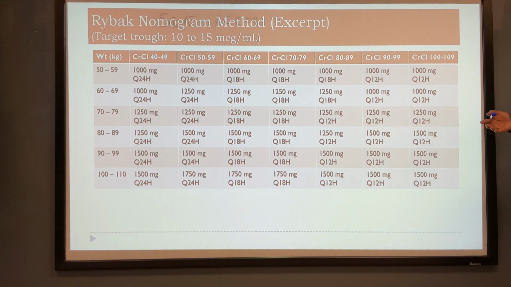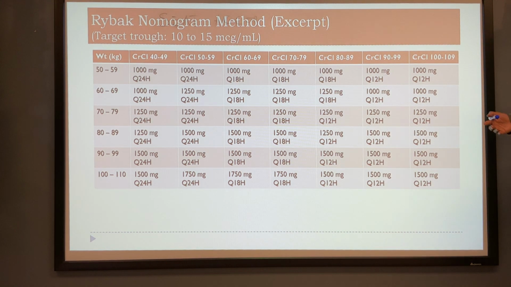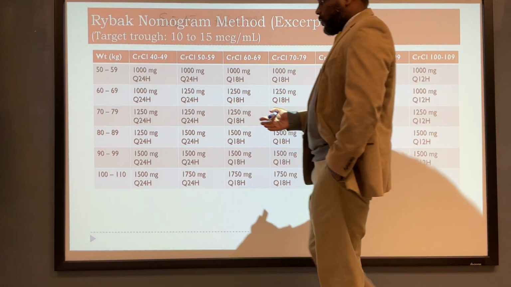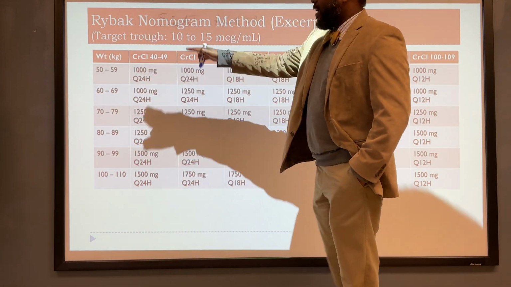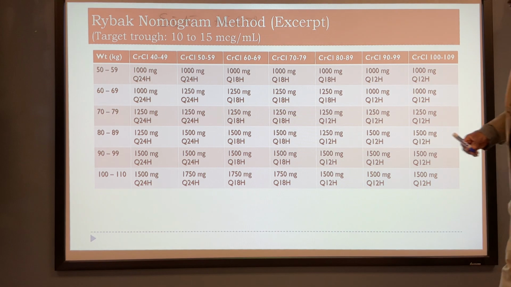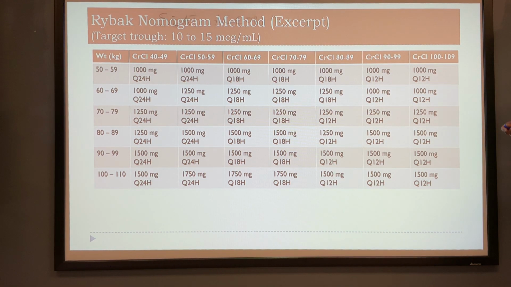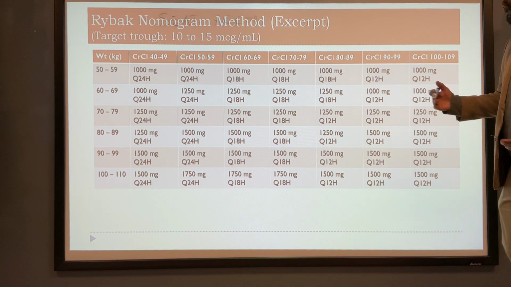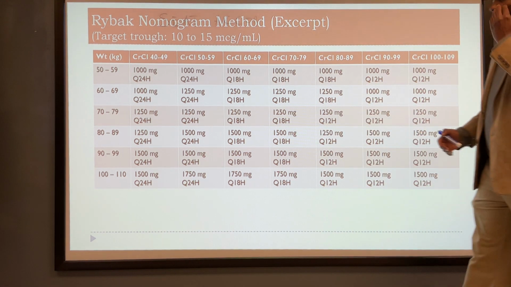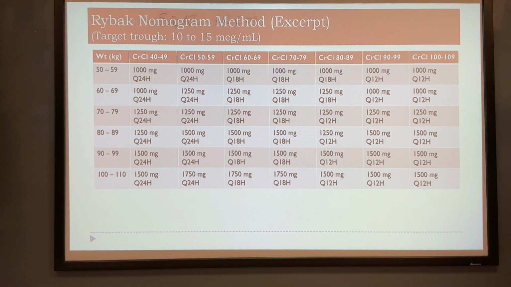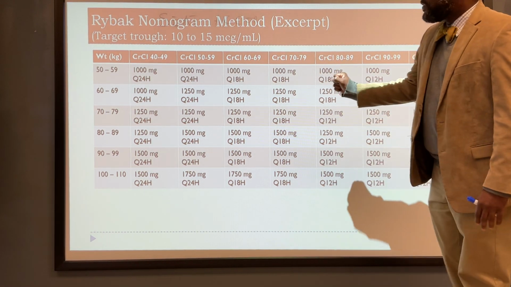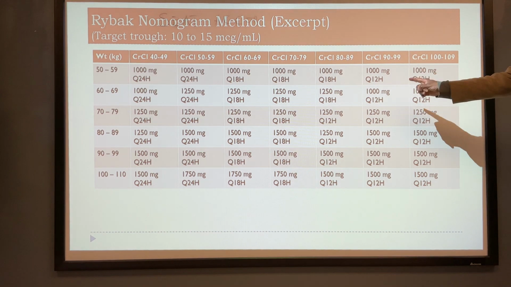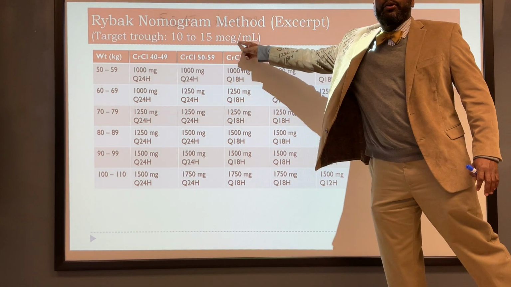What happens as your renal function declines? What's the relationship between the dose and the patient's weight? Also, the third question I would ask of these next two is, what happens to the regimen, the dose and the frequency, based on your target?